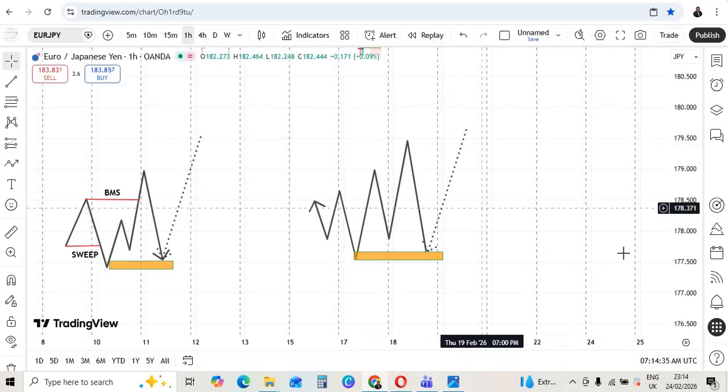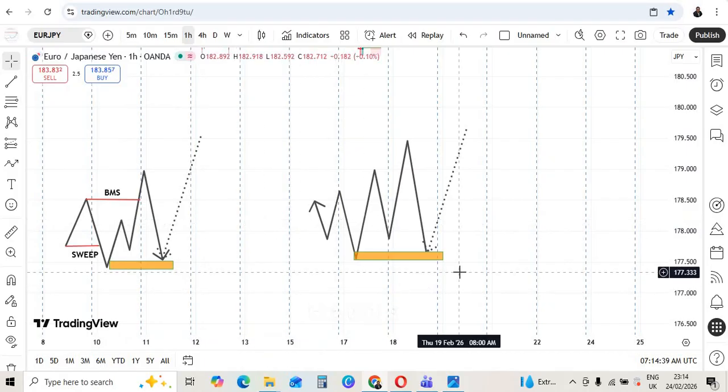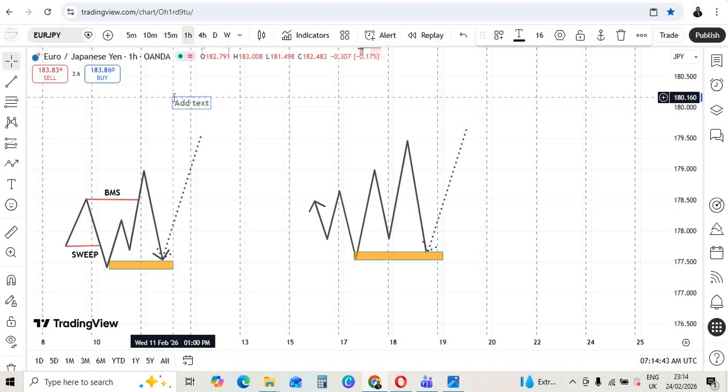Alright, so you can see, let's tag liquidity, LQ.